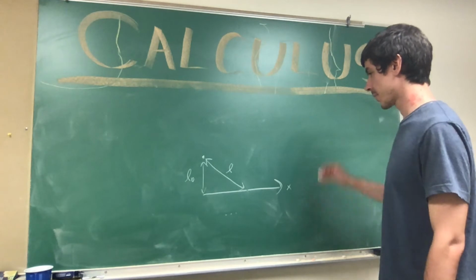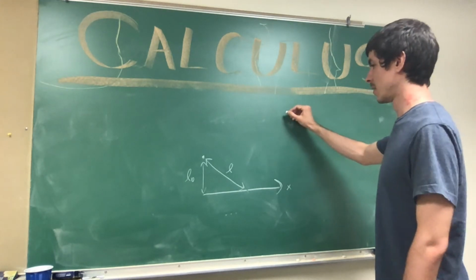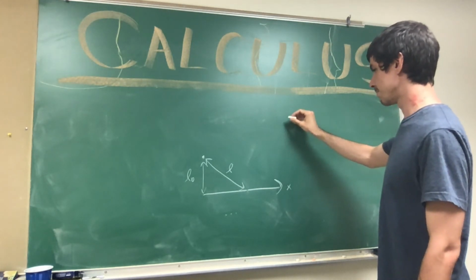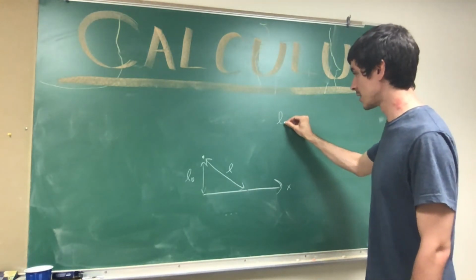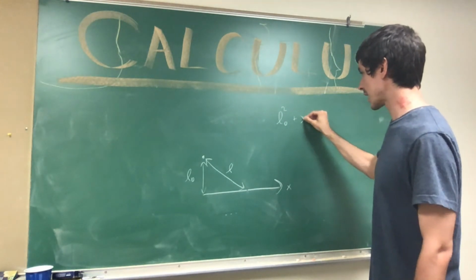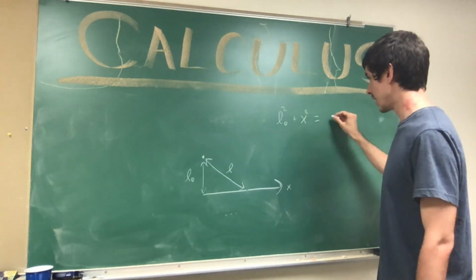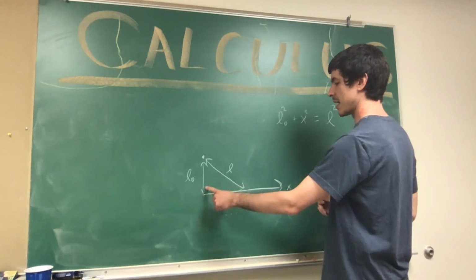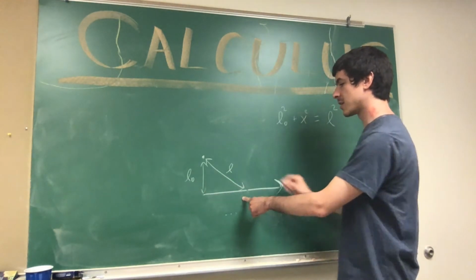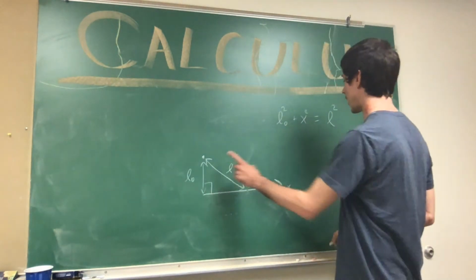So, okay, how does that work? The Pythagorean theorem says that L0 squared plus x squared equals L squared, right? This is one side of the right triangle, this is another side of the right triangle, and this is the hypotenuse.